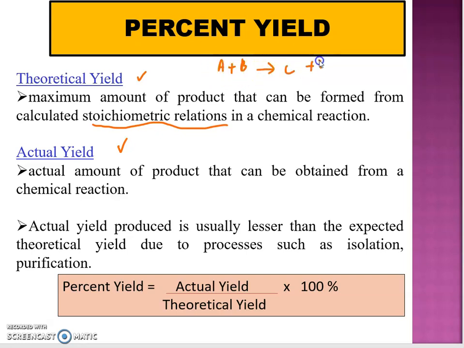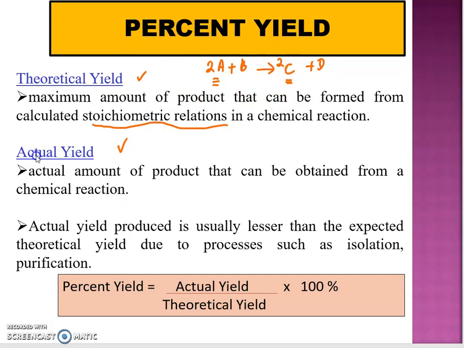Macam A tambah B dapat C dengan D. So, C yang terhasil ni, produk ni, control by A tadi, limiting reactant. So, A ni, contoh kalau dia 2, dia akan menghasilkan 2 C. Maksimum. Tak ada dah kata 1.5 ke apa. So 2A sama dengan 2C. Jadi bila A ni 2 mol, so C pun 2 mol, stoichiometric.